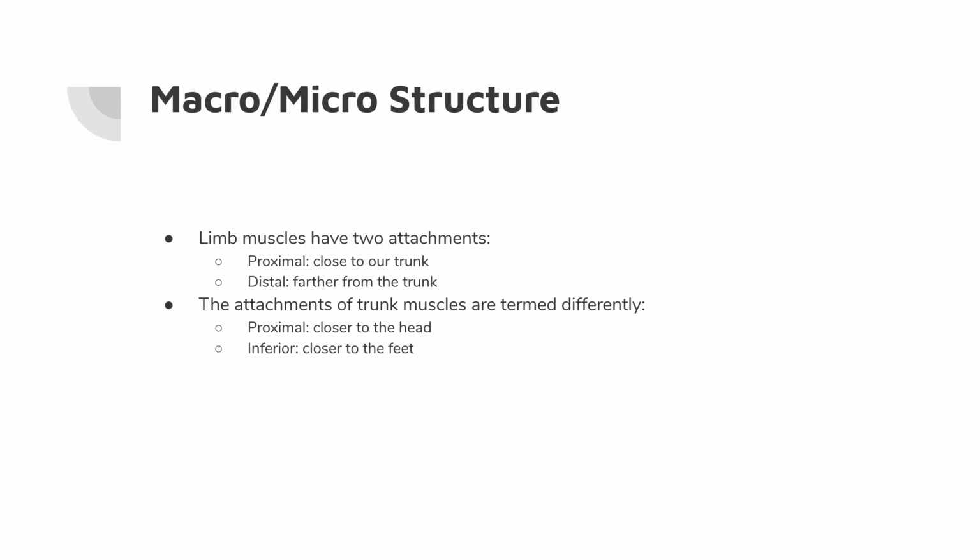So we have this very large muscle that runs down the center of our stomach called the rectus abdominis. And if we're talking about that muscle's proximal piece, it's kind of up near the sternum, up near where your chest is. So that would be the proximal head. And then it inserts down on the pelvis, kind of where your legs begin. And so we would refer to that as the inferior attachment of our rectus abdominis.